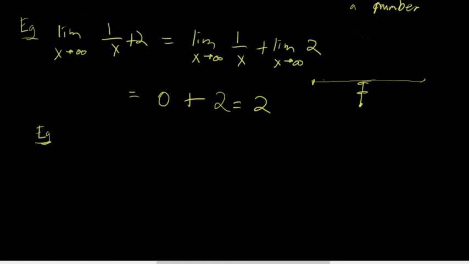Let's look at one more here. And that's the limit as x tends to negative infinity of 1 over the quantity 1 plus e to the x, squared.